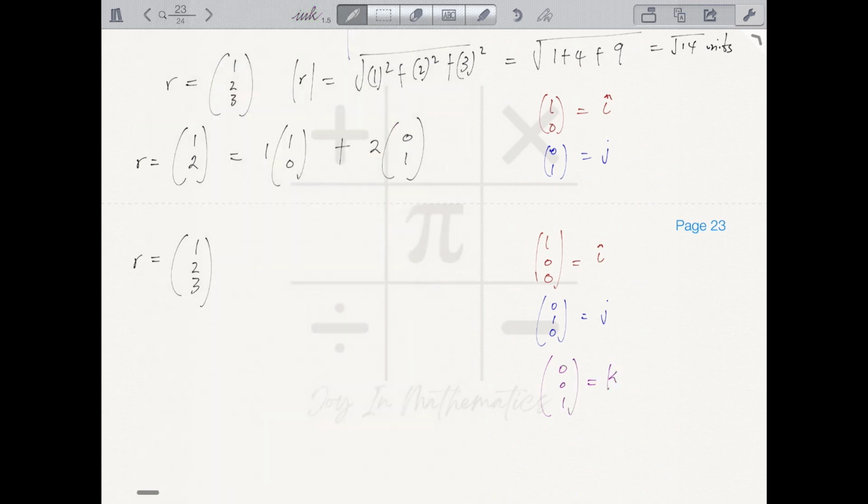So we can rewrite r, which is (1, 2, 3), as 1 times (1, 0, 0) plus 2 times (0, 1, 0) plus 3 times (0, 0, 1). When we rewrite this, we have 1i plus 2j plus 3k, and this is r.